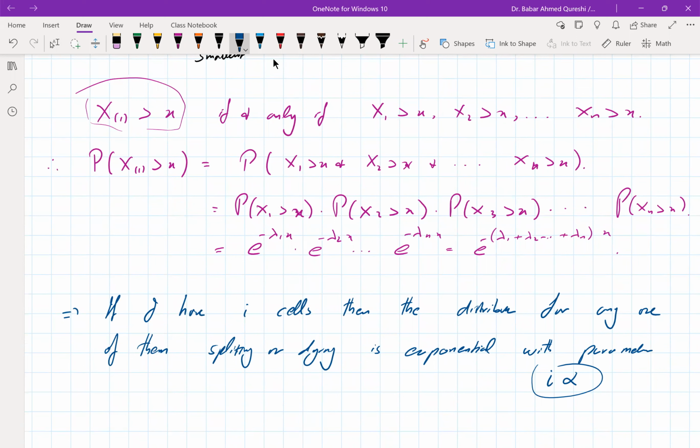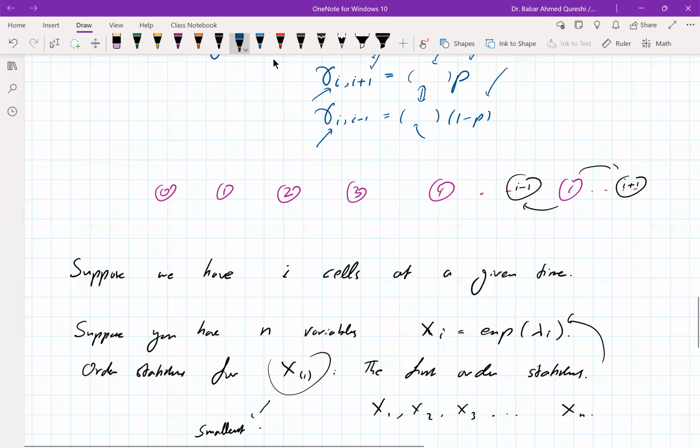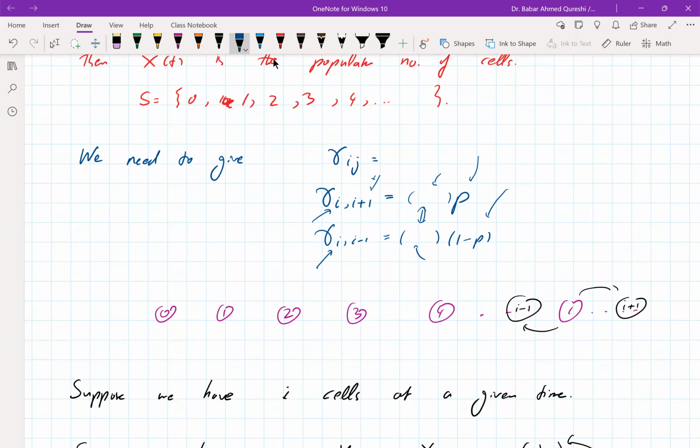So I get I alpha. Therefore, over here I have to put I alpha, and similarly I alpha here. In other words, this is my lambda I. So lambda I is I alpha.